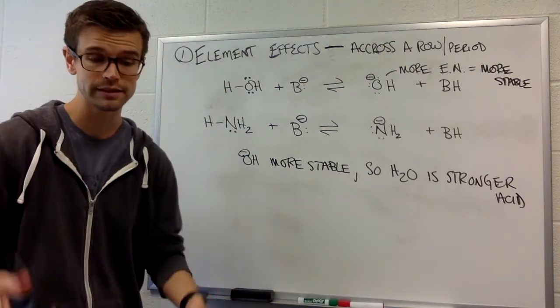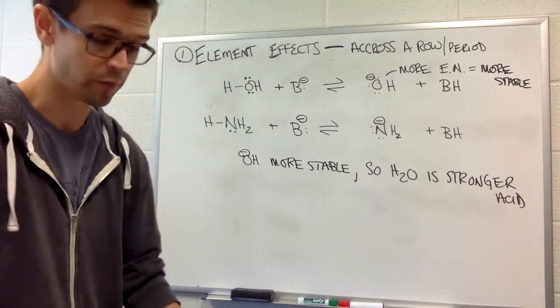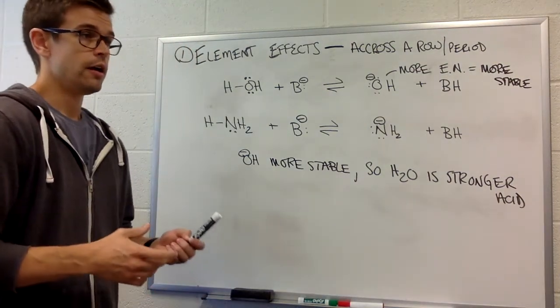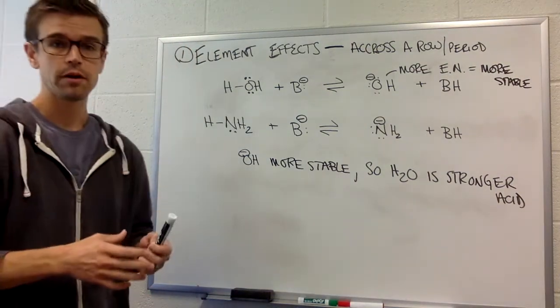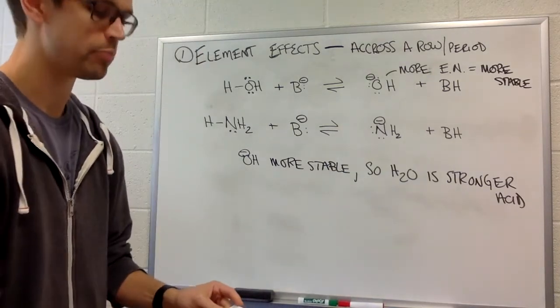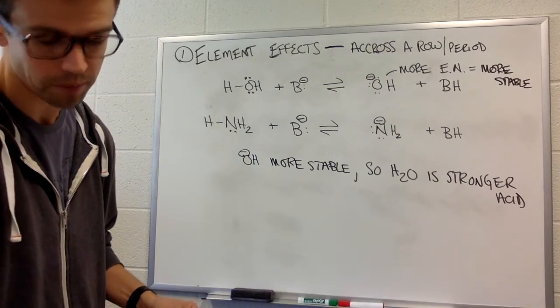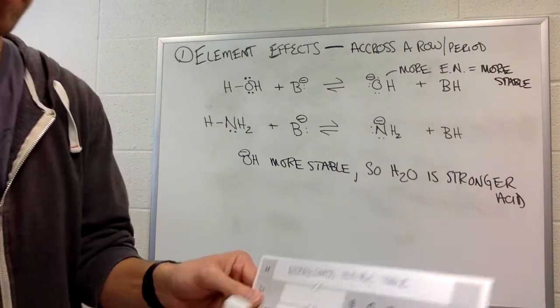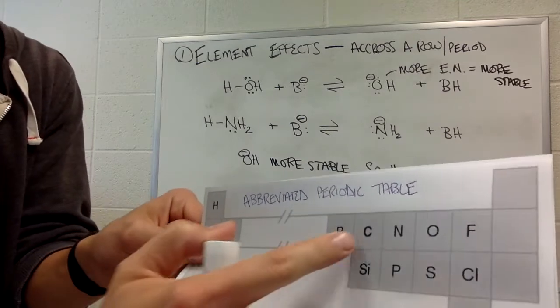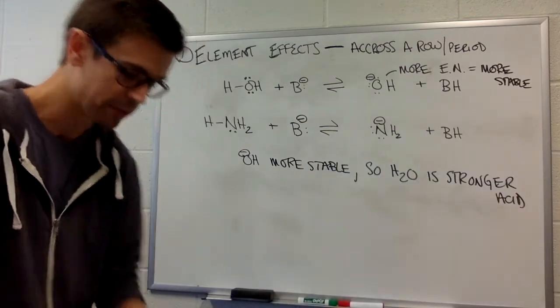Okay, and we can take this a little bit further. If we have acids in the same row, the same period of the periodic table, we can use this periodic trend of electronegativity to compare the acid strength. So if we compare carbon versus nitrogen versus oxygen versus fluorine, we have different types of acids.